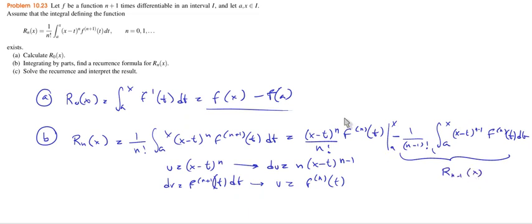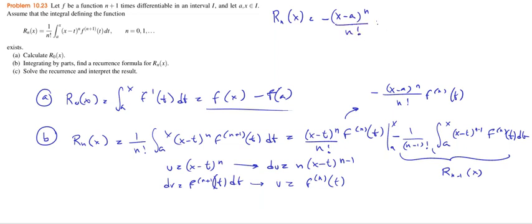Now when t is x, this is 0, and when t is a, this is minus (x minus a) to the n over n factorial times the nth derivative at a. So let me write this here. Rn of x is minus (x minus a) to the n over n factorial times the nth derivative, minus R(n minus 1).